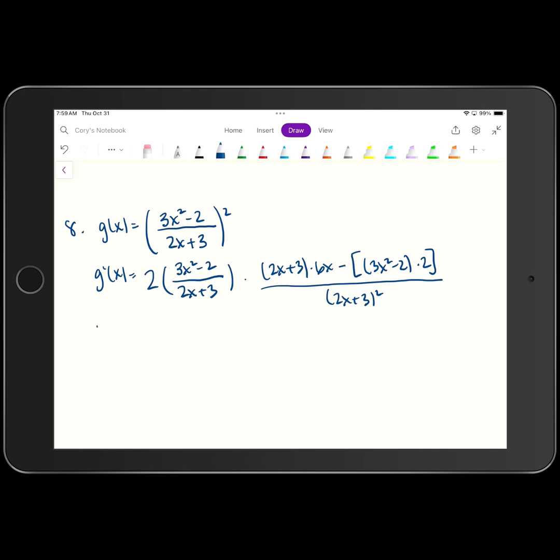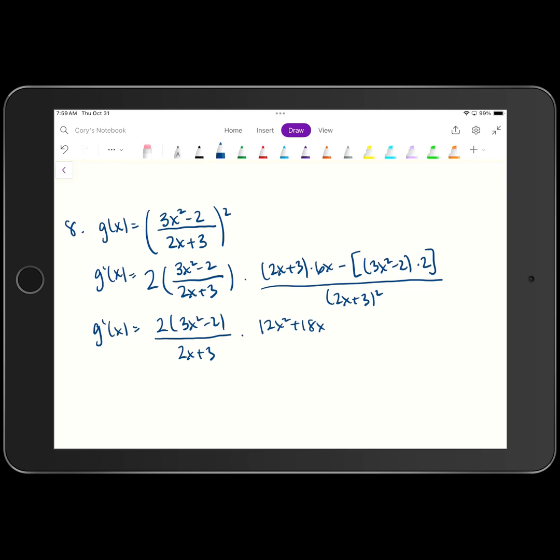Okay, so I'm going to rewrite this g prime here as 2 times 3x squared minus 2 over 2x plus 3. And then I'm going to start cleaning up the quotient over to the right that we use quotient rule on. Okay, so when I distribute, we're going to get 12x squared plus 18x.